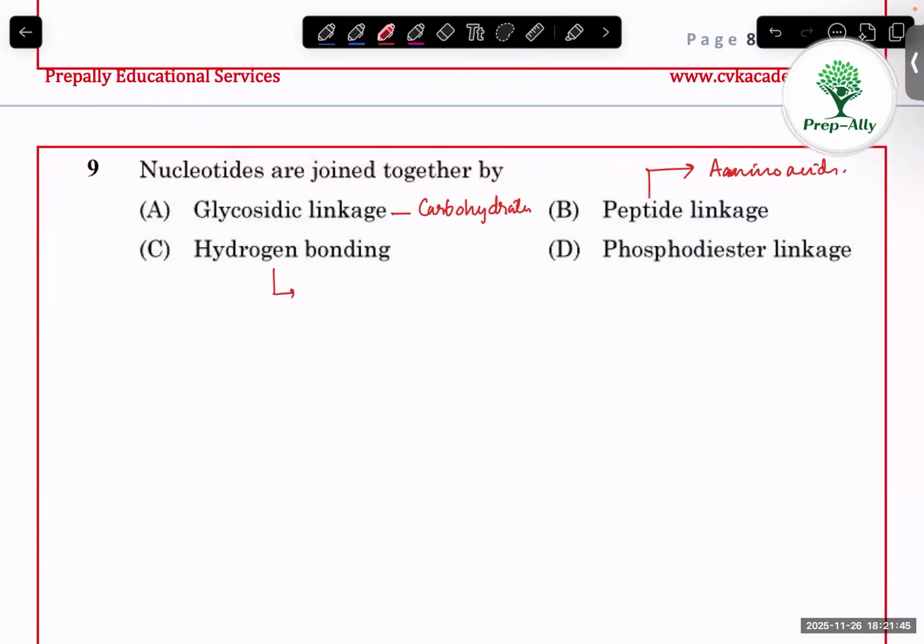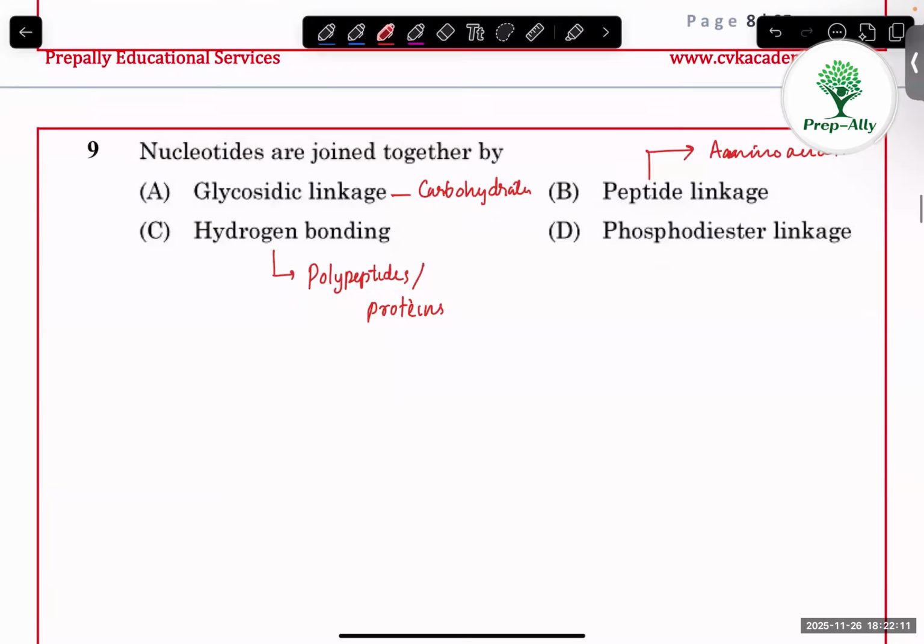So hydrogen bonding is between the polypeptides or amino acid chains or proteins. The secondary structure as well as the tertiary structure will be having hydrogen bonding along with some other linkages, disulfide linkages, van der Waals forces, different things are there.